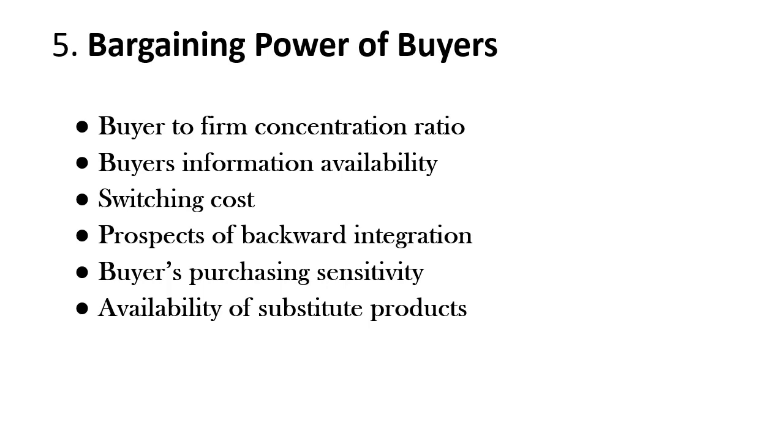But suppose the buyer doesn't have more options, a high switching cost is there, or the buyer is loyal to your company, or very purchase-sensitive towards one particular brand. In that case the bargaining power of the company is more than that of the buyer.